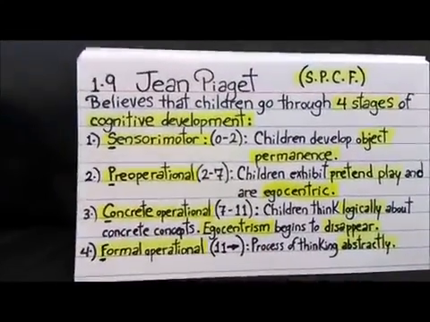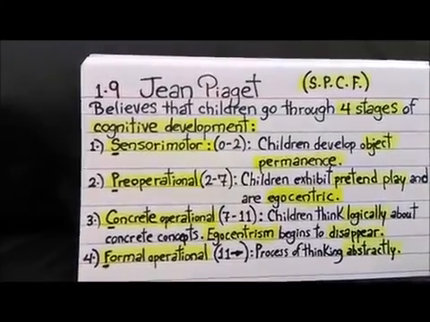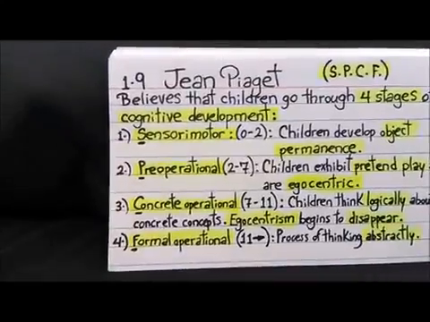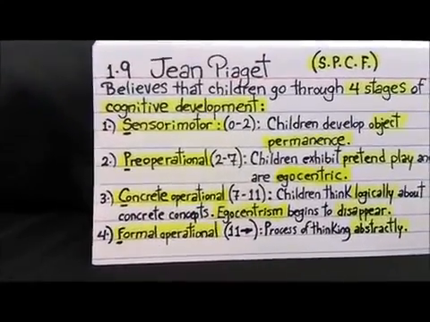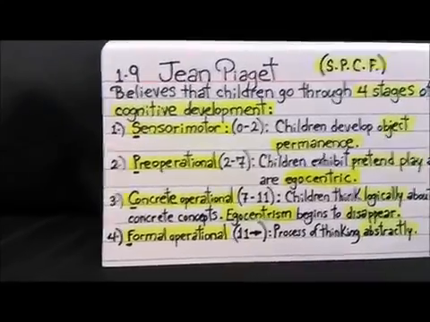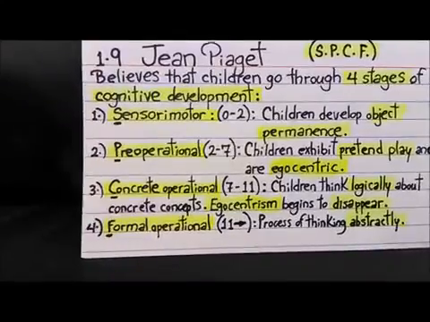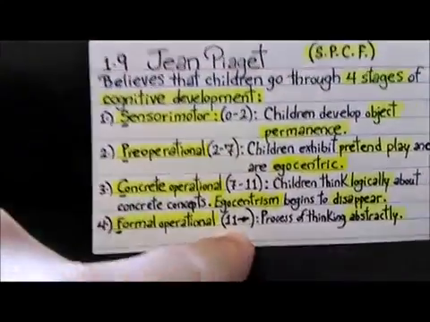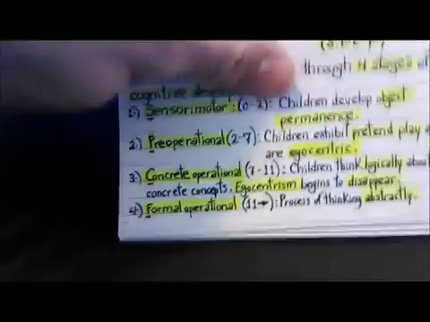Pre-operational, 2 to 7 years old, children exhibit pretend play and are egocentric. Concrete operational, from 7 to 11 years of age, children think logically about concrete concepts. Egocentrism begins to disappear. And the last one, formal operational, from 11 and above, the process of thinking abstractly.